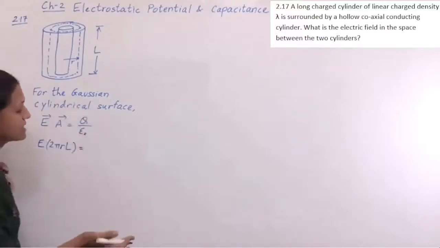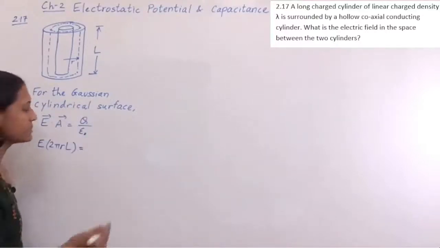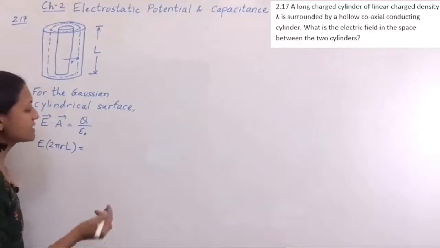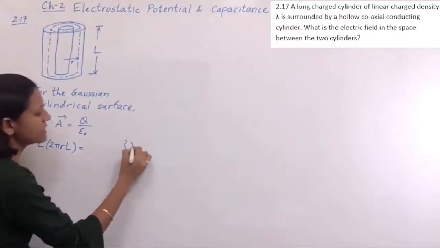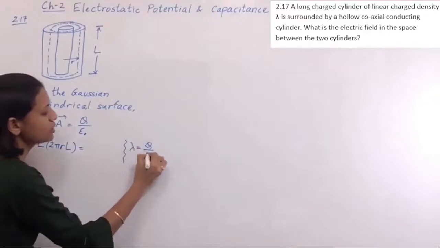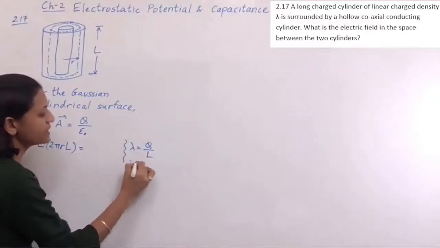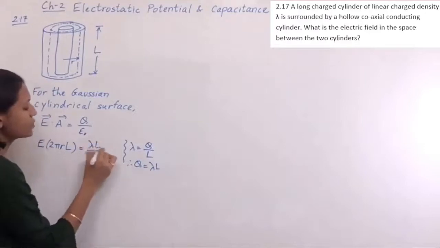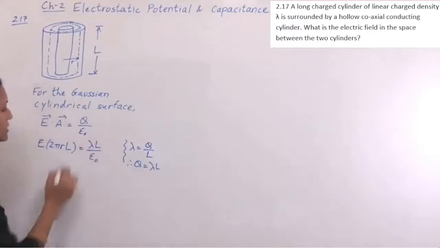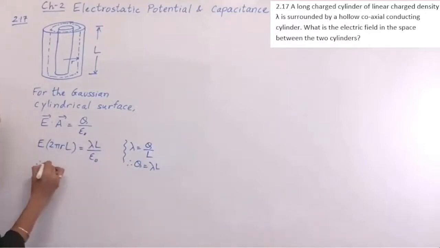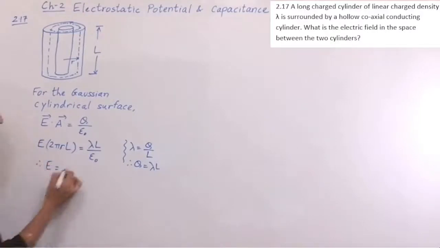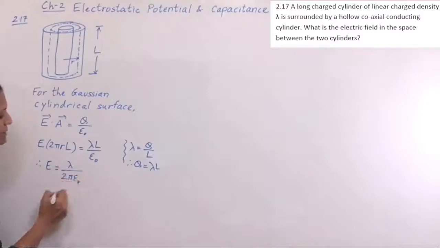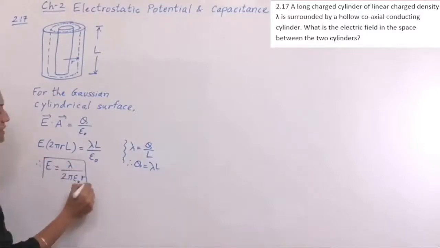Here how much charge is there has not been given, but in place of that linear charge density has been given. So linear charge density equals to Q by L. That means Q equals to lambda L. So lambda into L by epsilon 0. L will get cancelled out and E equals to lambda by 2 pi epsilon 0 R. So that is the answer.